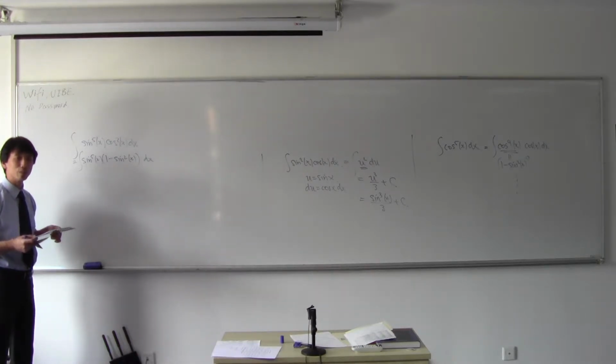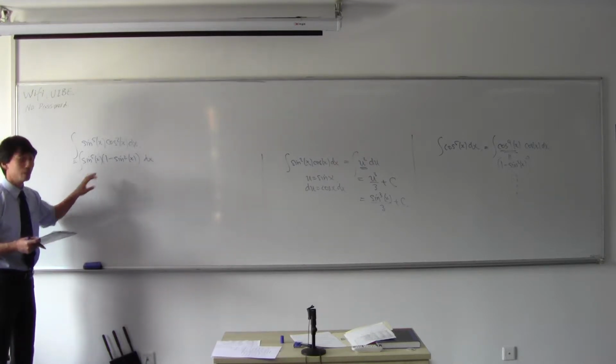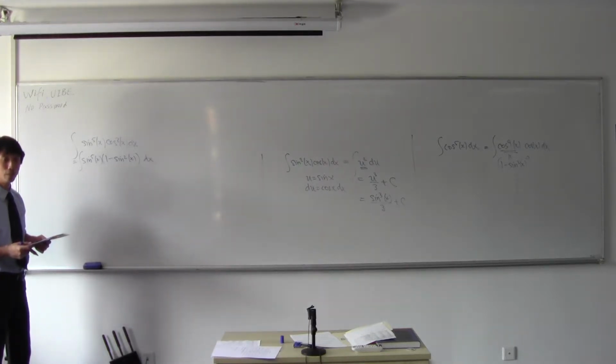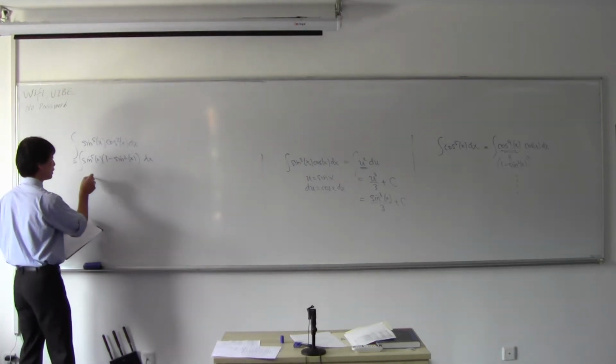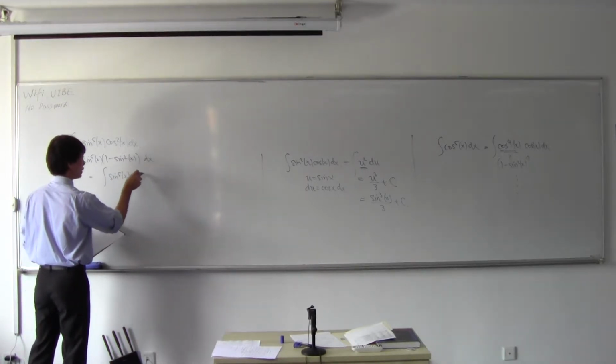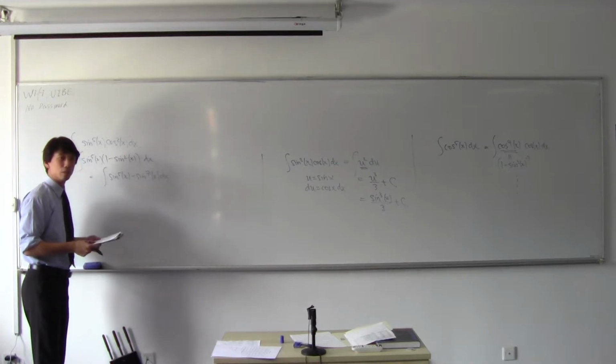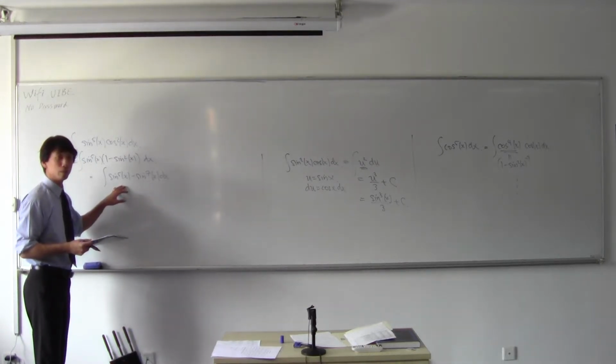I'm kind of curious. So you've got sine to the fifth minus sine to the seventh, and then are you going to try a u substitution? What's your u going to be?